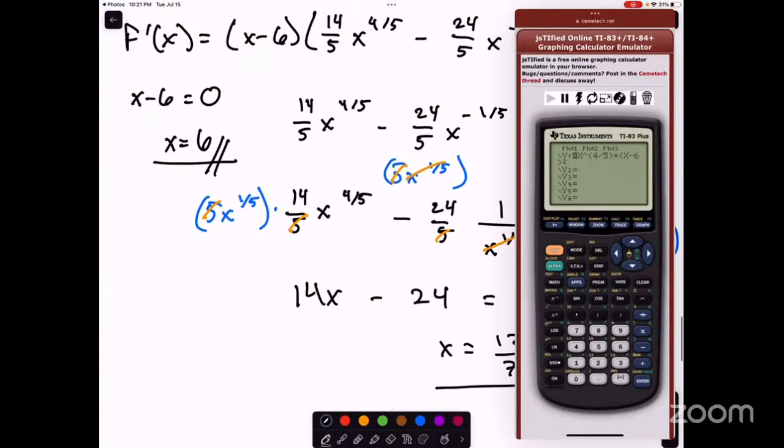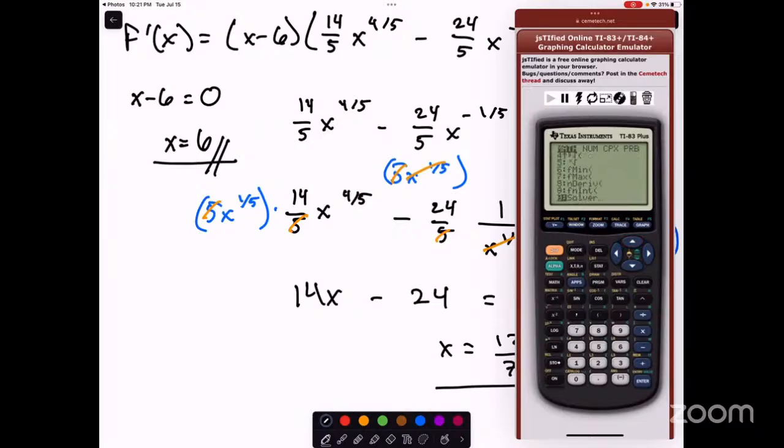Now I want to check. What we're saying is that if we plug 6 into the derivative, it should output 0, right? So let's see, I think if I go to list? Let's go math over here.